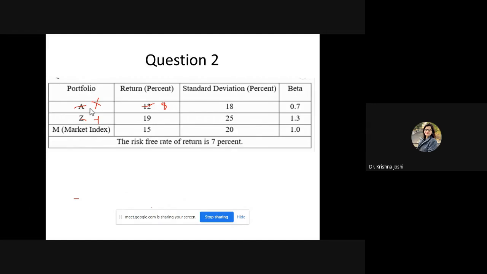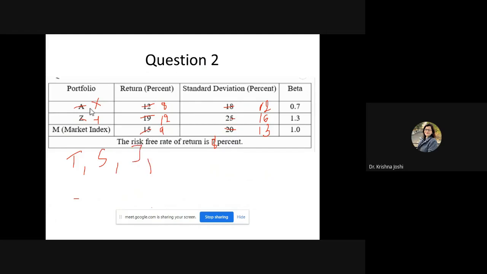Portfolio X return 8%, portfolio Y return 12%, market 9%. Standard deviation of X is 12%, of Y is 16%, and of market is 13%. Beta is the same: 0.7, 1.3, and 1.0. Risk-free rate of return, take 8%, and calculate Trainer, Sharpe, and Jensen measure.